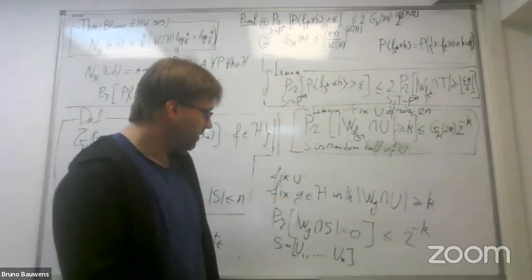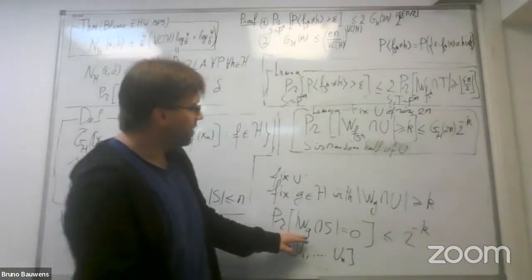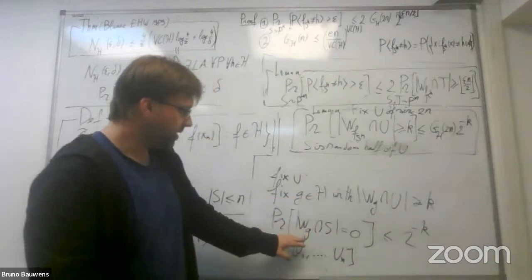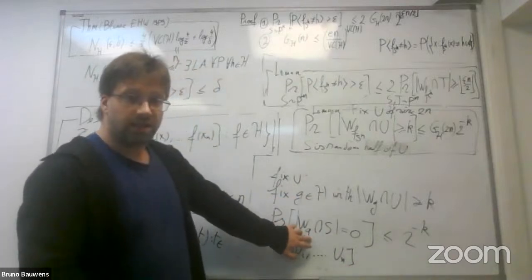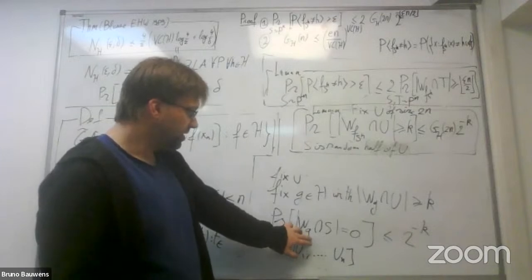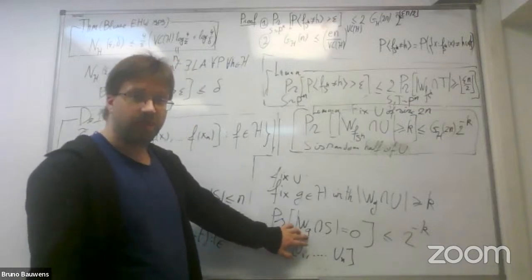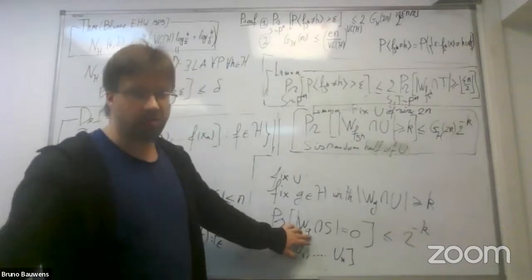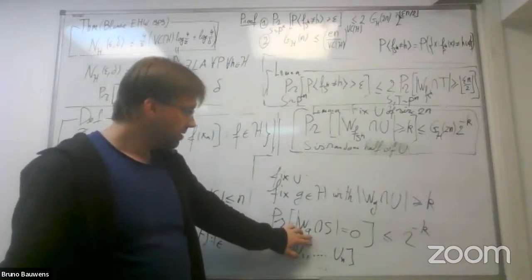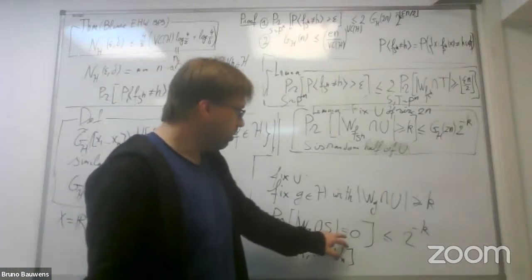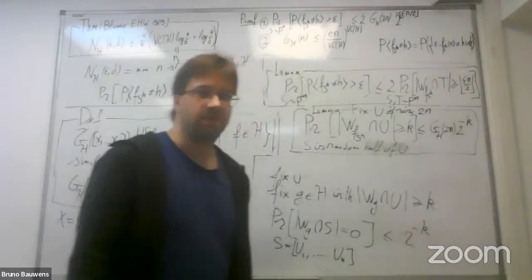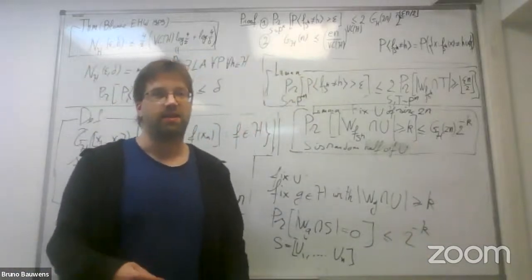So we fix G. And then if we pick a random half, the probability that WG, the set where G makes a mistake, belongs completely to the training set is at most 2 to the minus K. And this is because of the seminar exercise.